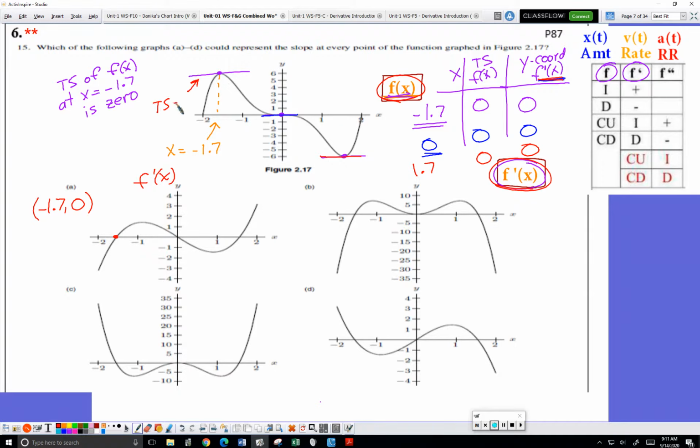Tangent slope on f has a value of 0, means down here the y-coordinate on f prime at that same x has to also equal 0. Question? So, doesn't work here, doesn't work here. That clue will be helpful in other problems, but it's not helpful in this problem. Questions from anyone?